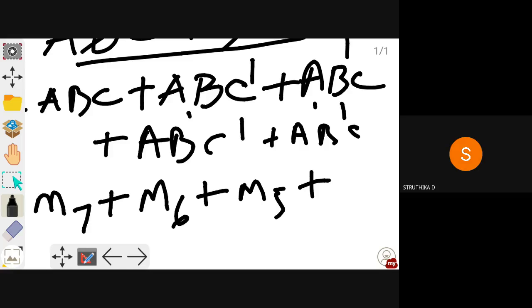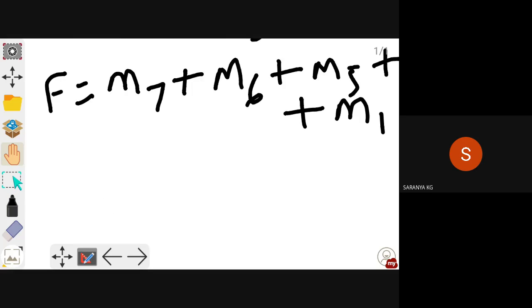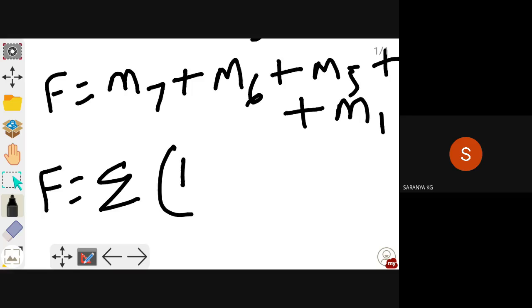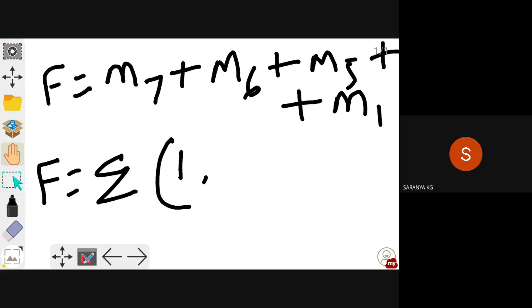M4 plus A dash B dash C, that is M1. So you can write F as sum of 1, 4, 5, 6, 7.